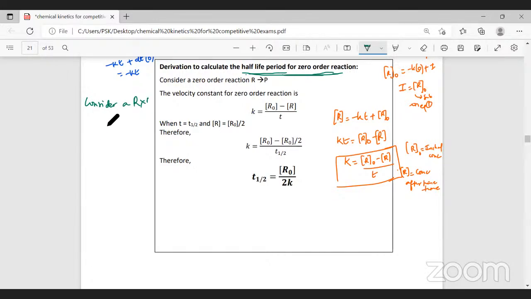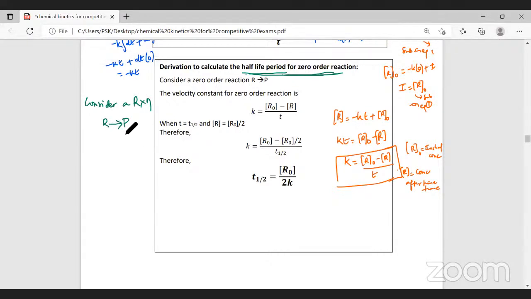Consider a reaction, R giving you P. R is called reactant and P is called product. Now we know that for a zero-order reaction, how is rate constant related? K is equal to initial concentration of reactant minus concentration after a certain amount of time t divided by T. We have derived it here.